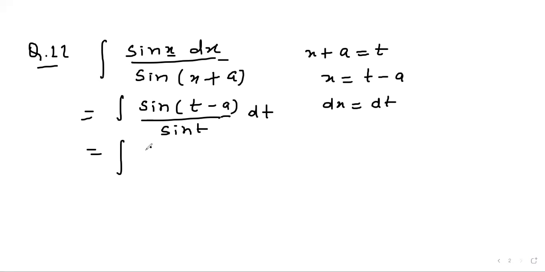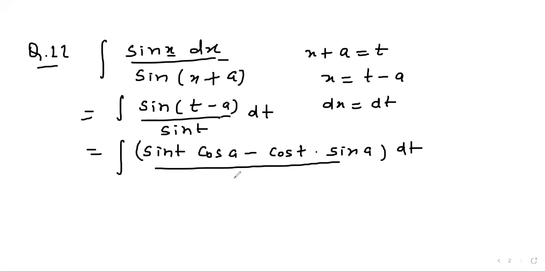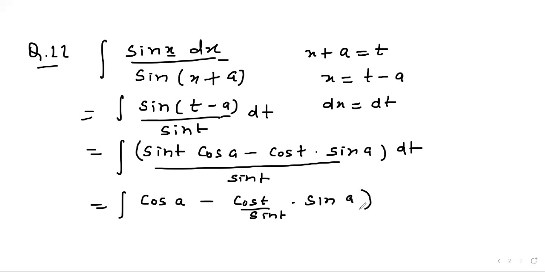So it will become sine t cos a minus cos t sine a dt divided by sine t. We divide it separately. It will become cos a minus cos t upon sine t into sine a times dt.